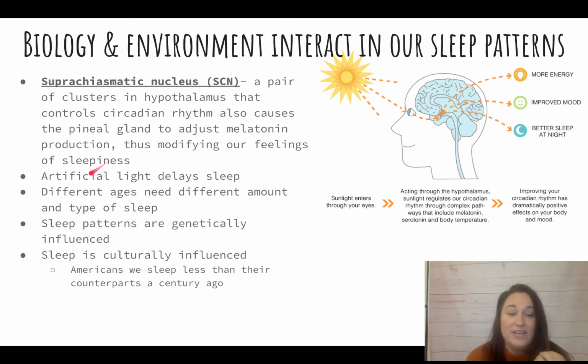However, in this day and age, we now have artificial light. I'm using artificial light right now. It is completely dark outside, and I'm using artificial light to engage. So my SCN is being delayed, and possibly yours right now if it's dark out, which it probably is.